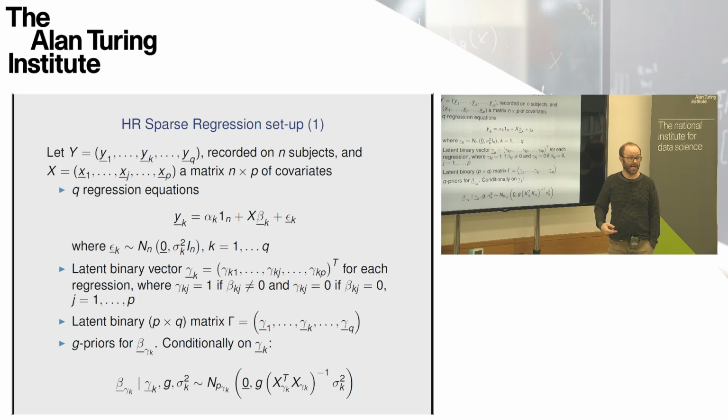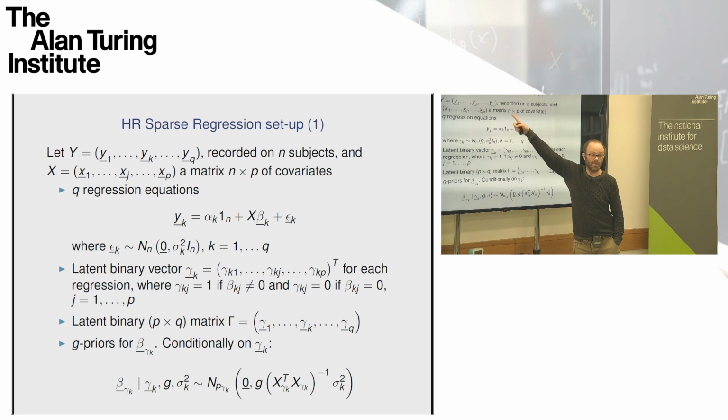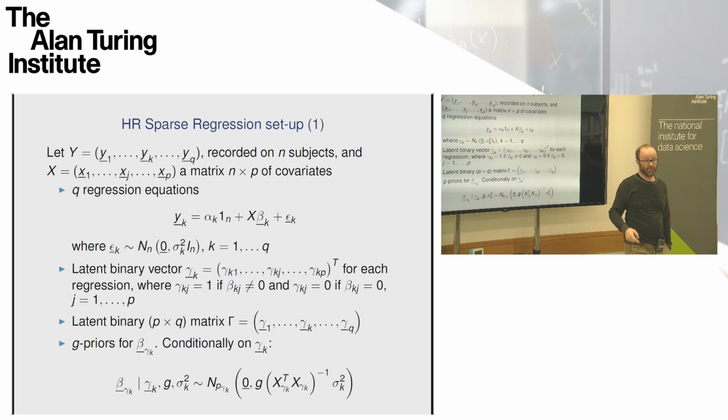The idea of this variable selection method is to make inference about this vector here. But this vector is just for a particular k. Now, k goes from 1 to big Q, so if you want, you have to perform Q of these variable selection experiments.